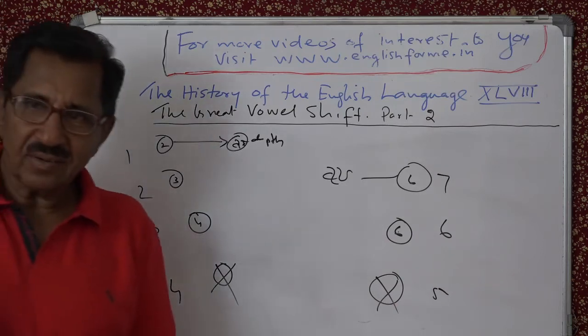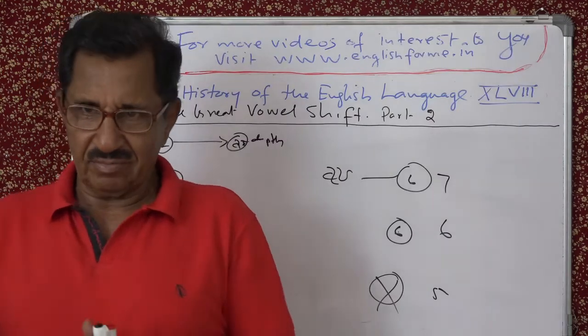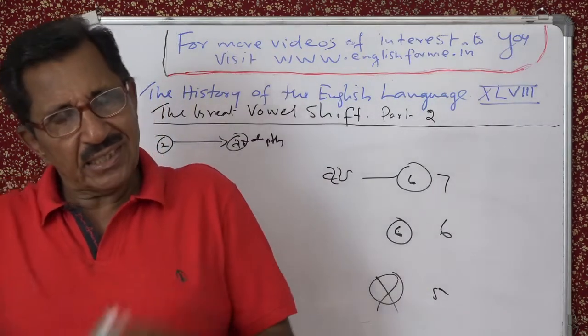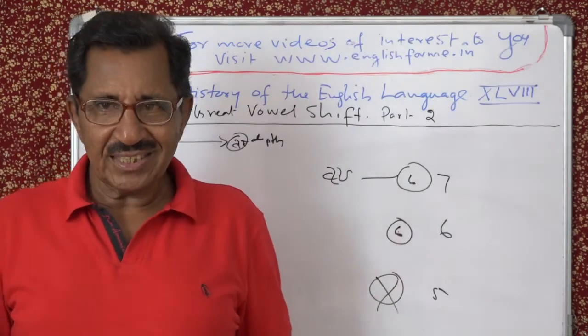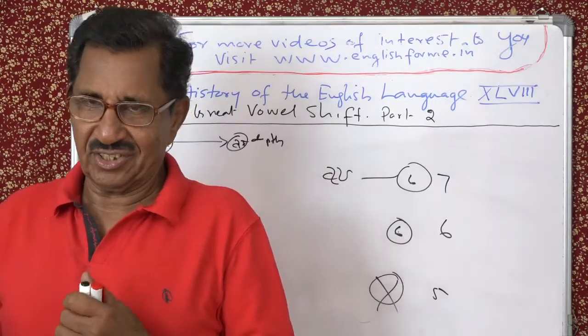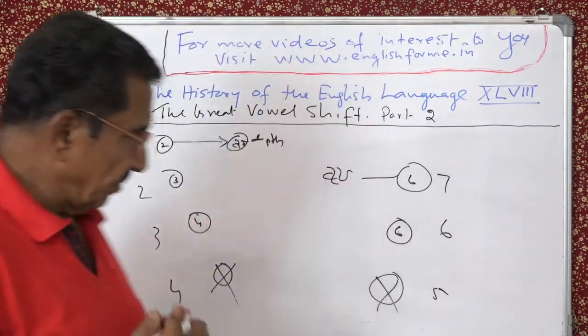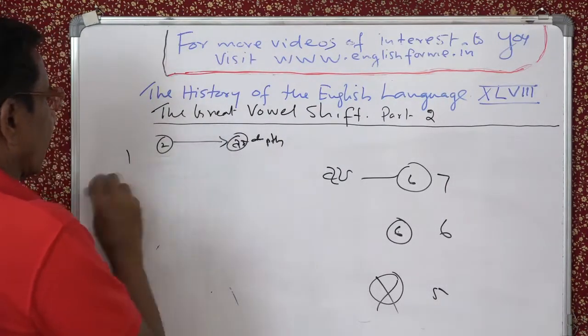Now what happened is that spelling was fixed much earlier than the Great Vowel Shift. So the pronunciation changed but the spelling did not change. Therefore you have the unorthodox use of vowel symbols in English. What is meant by unorthodox use of vowel symbols in English?